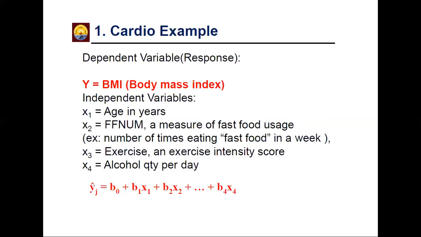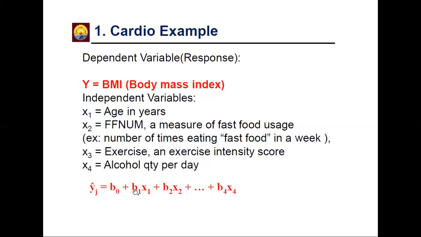Fine. What kind of regression equation will you get ultimately? What is Y we do not know; that is, I would like to say Y cap. This is nothing but the body mass index. Let us say we will find it by using the regression analysis procedure using SPSS.